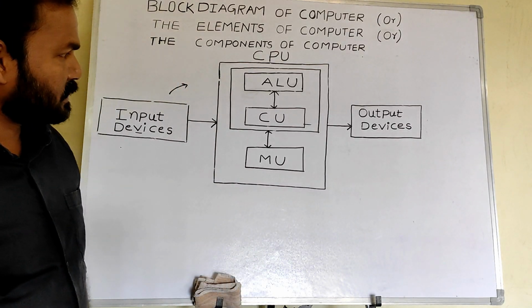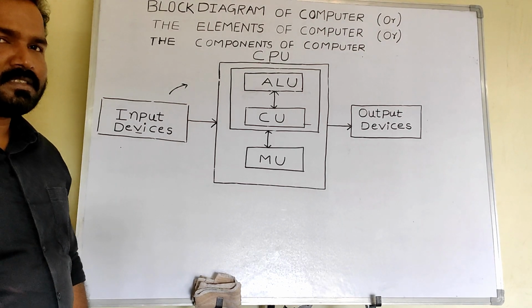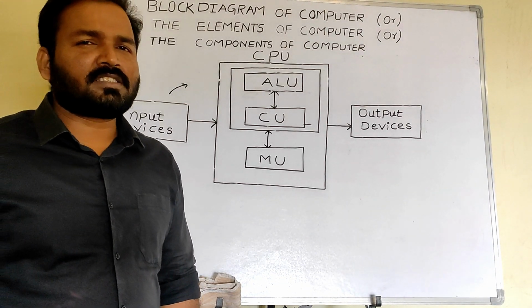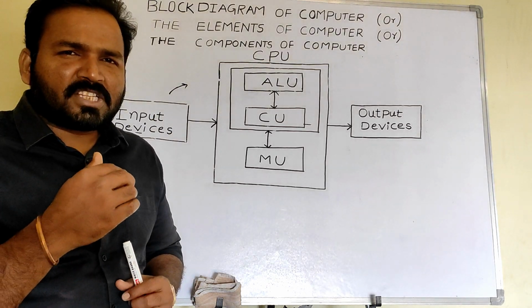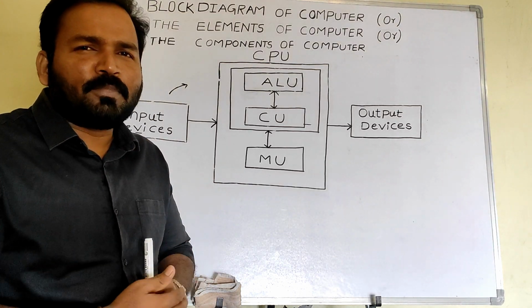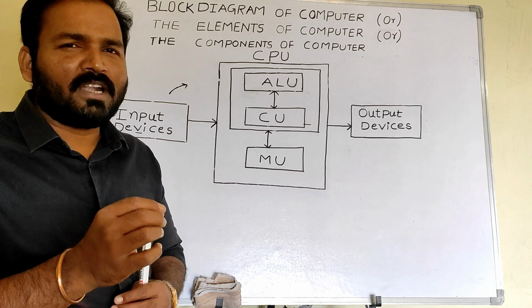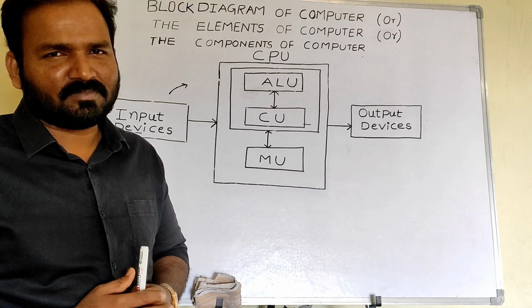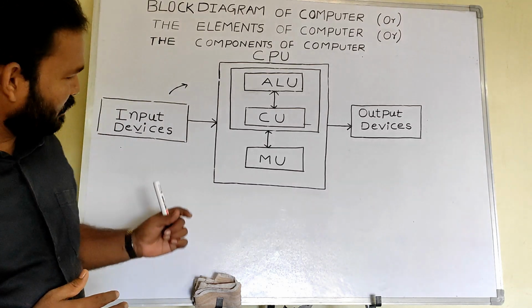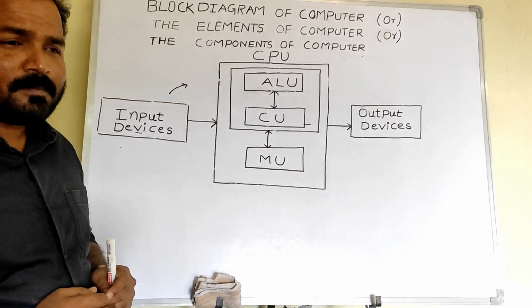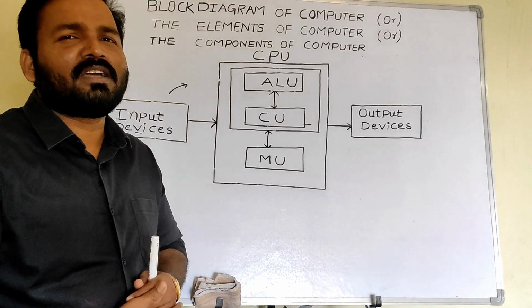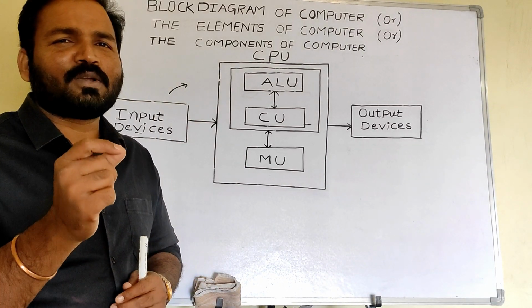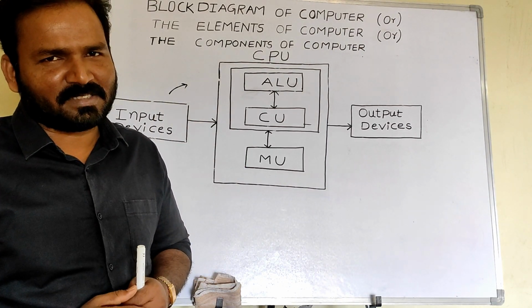Right, first input devices. What is input? The information that is given to the computer is called input, and the devices that are used for sending input to the computer are called input devices.